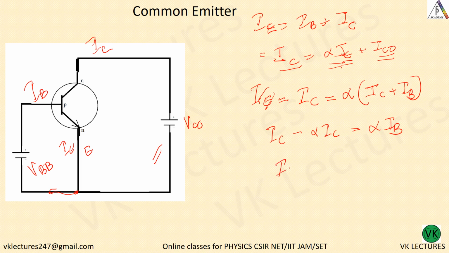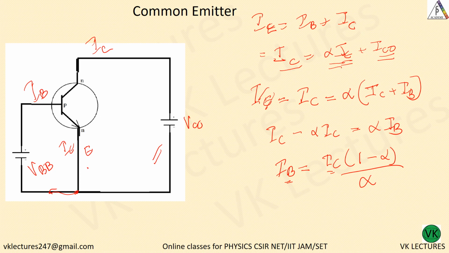Now you can write current IB is equal to IC into (1 minus alpha) divided by alpha. Now we have written IB and IC.